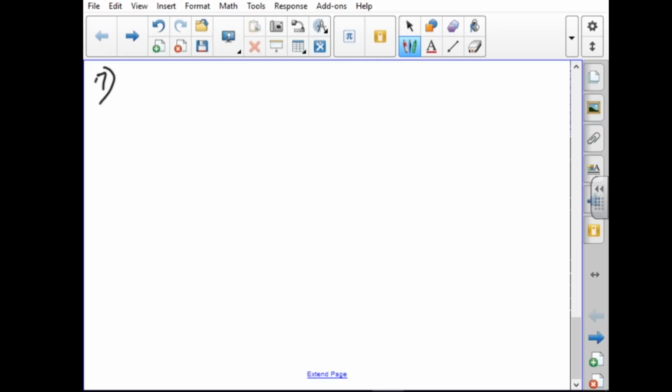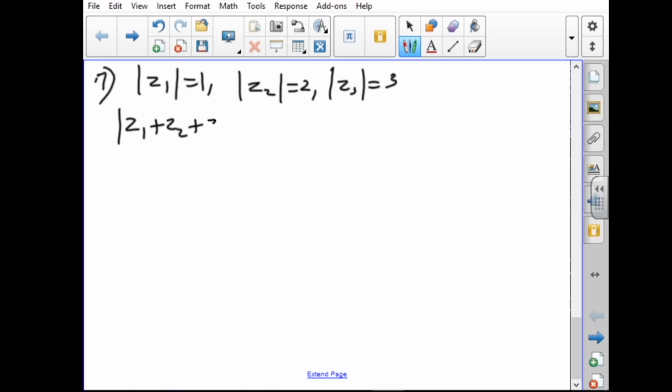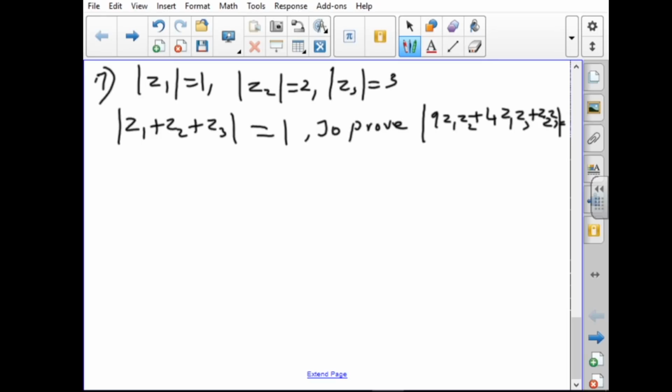If z1, z2, z3 are three complex numbers such that modulus of z1 is equal to 1, modulus of z2 is equal to 2, modulus of z3 is equal to 3, and modulus of z1 plus z2 plus z3 is equal to 1, we have to prove that modulus of 9 z1 z2 plus 4 z1 z3 plus z2 z3 is equal to 6. We have to prove this.